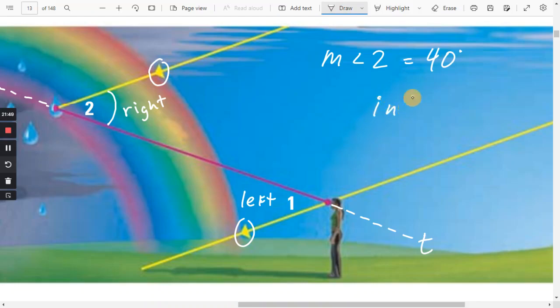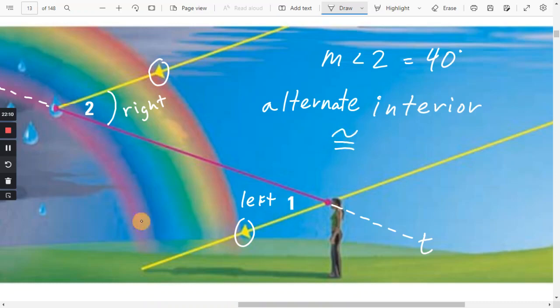So I'm going to write interior. And since 2 is on the right and 1 is on the left, they are alternate. And alternate interior angles, we know that they are congruent.